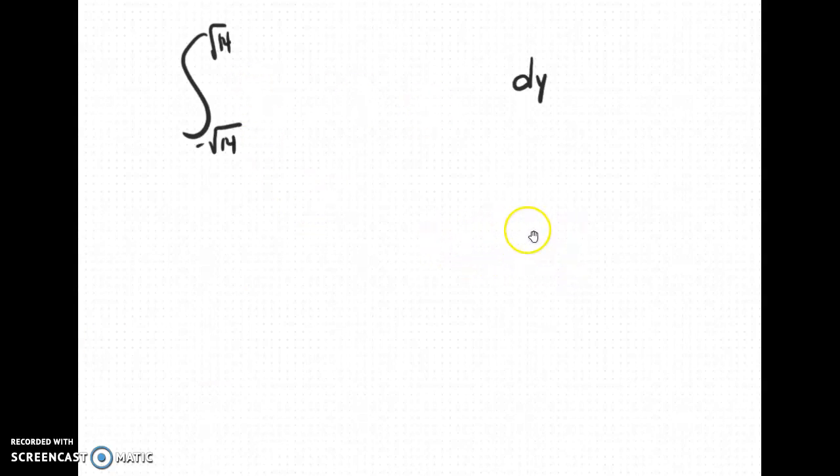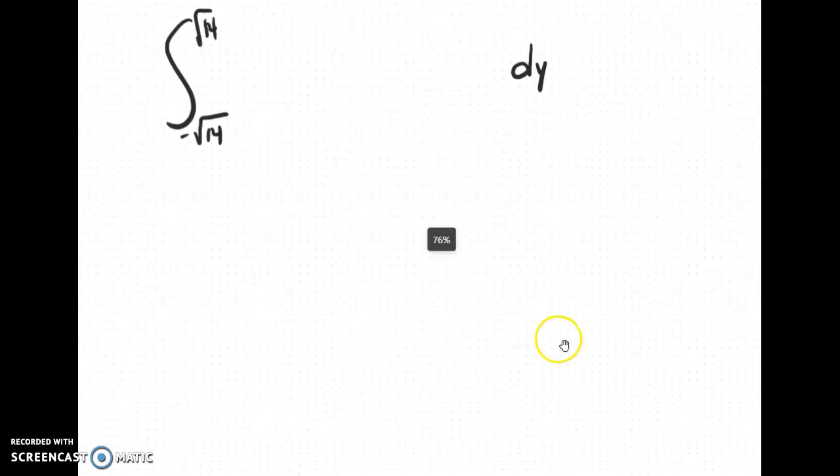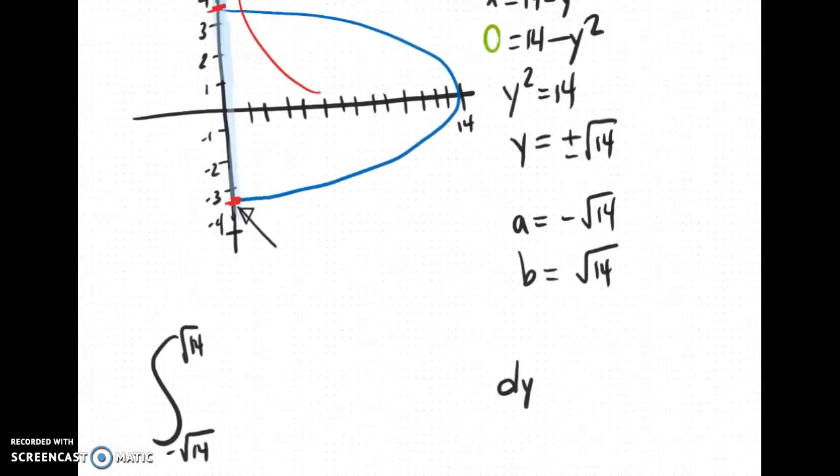So in this one, we're going to use the shell method. And we're going to have horizontal rectangles. So horizontal rectangles like this. And this one has a cavity in the center.